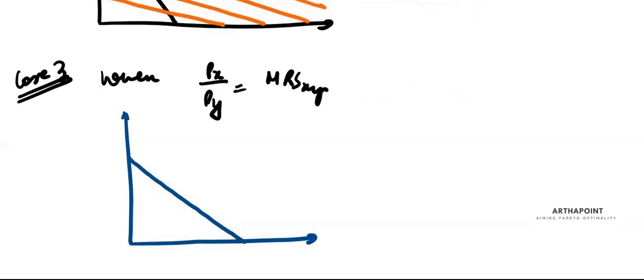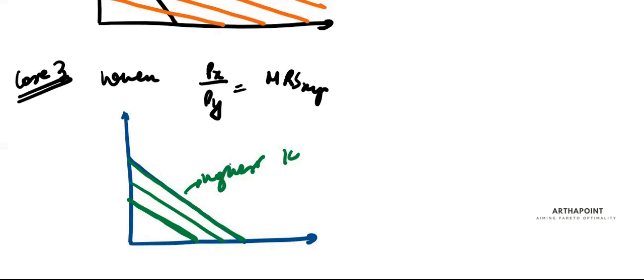My indifference curve has the same slope as the budget line, it's a parallel line. Which is the highest indifference curve I can reach? I can go here. This is the highest I see possible when it coincides with the budget line.